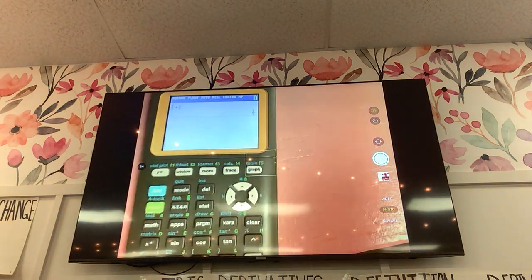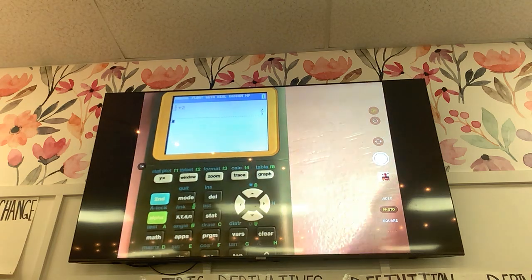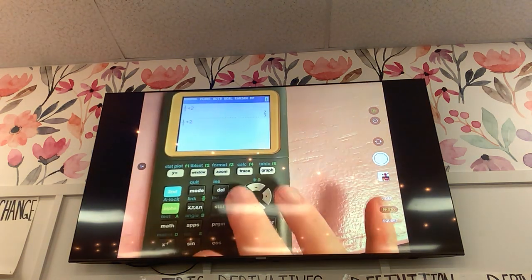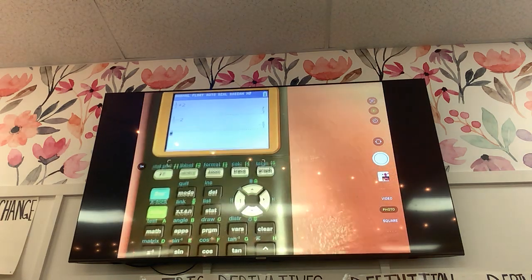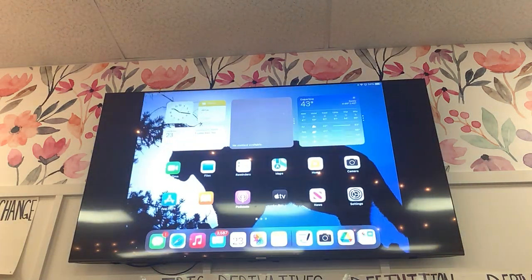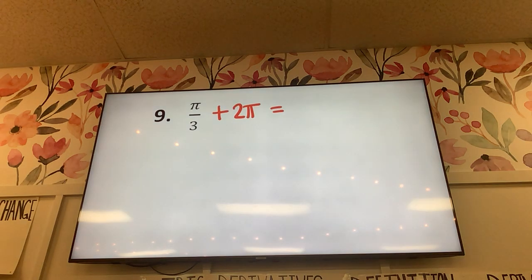And so one of my coterminal angles is gonna be 7 pi over 3. And then I'm gonna do the same thing and subtract 2. So the other one would be negative 5 pi over 3.